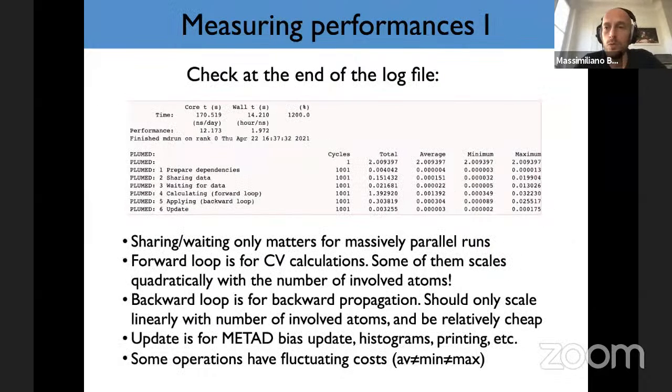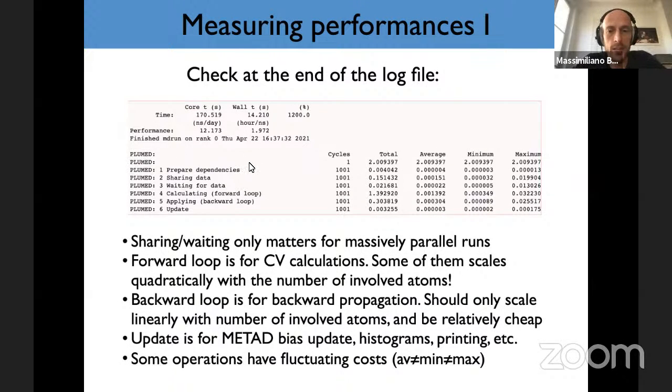So if you want to estimate how much time is spent inside PLUMED doing PLUMED related stuff, you can look at the end of the log file, and you will find this list of measurements, in which there is a total amount of time spent inside PLUMED in the first line here.